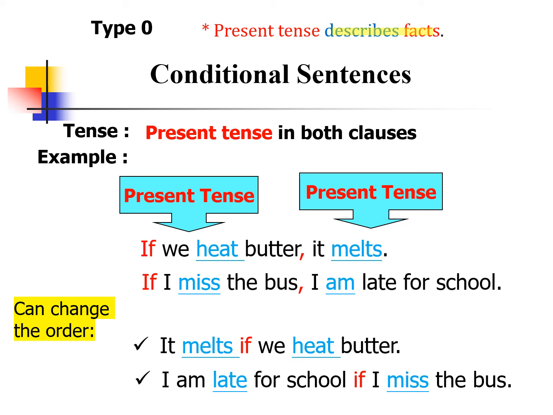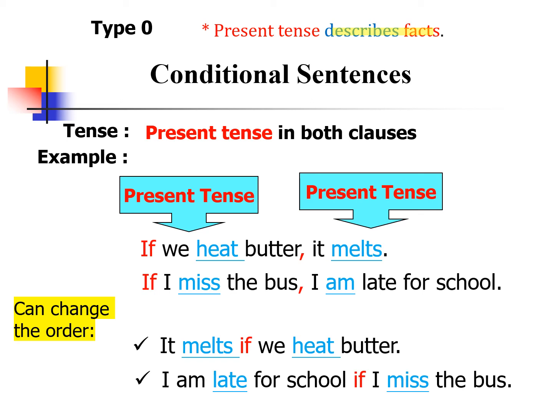Another example: if I miss the bus, that means if I cannot catch the bus in the morning when I go to school, I am late for school. This is true. If you miss the bus, you can't catch the bus on time, then you are late for school for sure. So this is truth, and it is a fact.